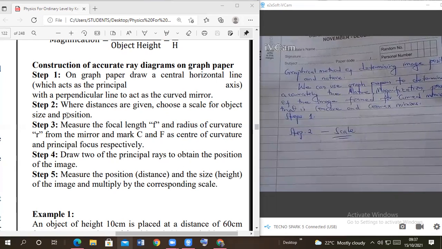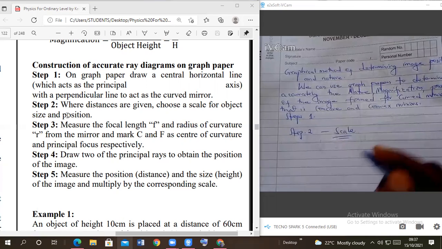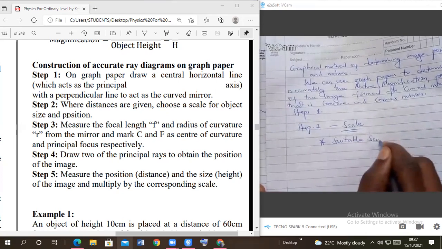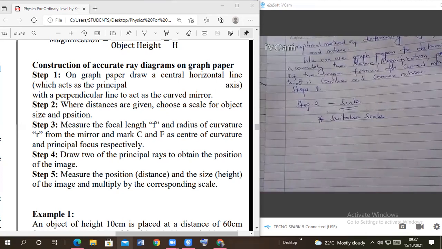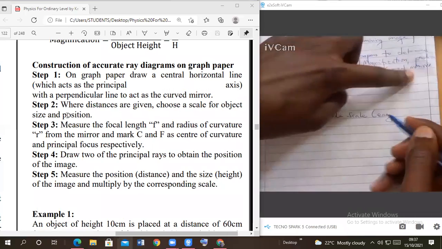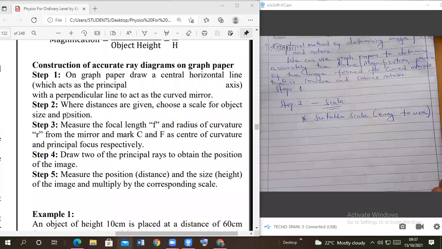We must scale them down. We use a scale, so you must also be familiar with scale, which I think is not a problem anymore. It must be a suitable, members. Our word is what? A suitable what? A suitable scale. And we said a suitable scale is a scale which is easy to use. Any scale which is easy and convenient to use is called a suitable scale. So you determine the scale using the information that I've given you.